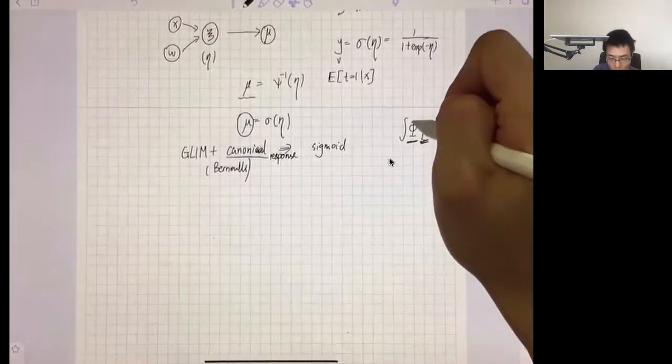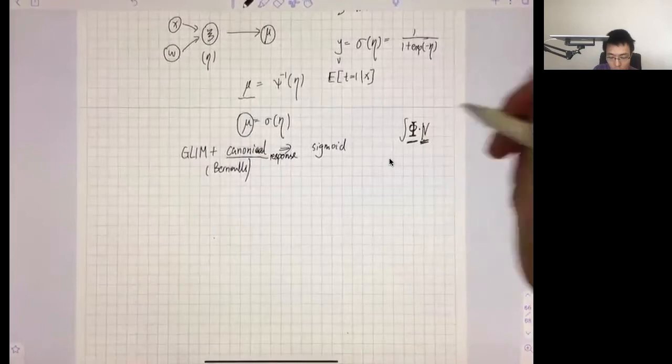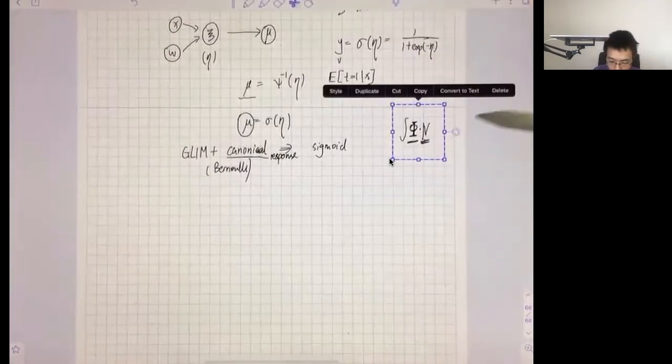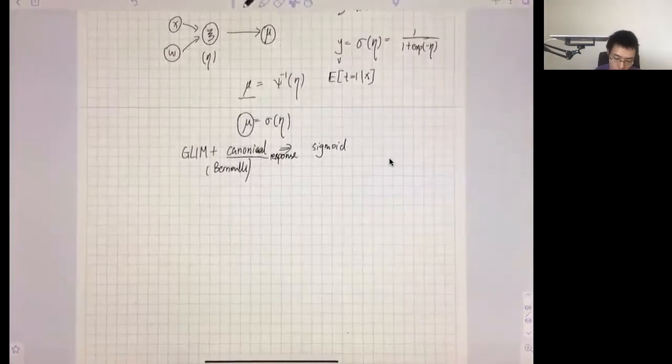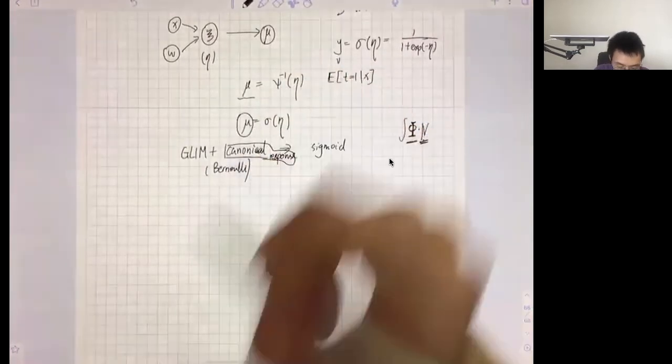But what if you have the CDF of a normal, then it gives you some normal distribution. But if you use the canonical response, I would have a very nice property for you.